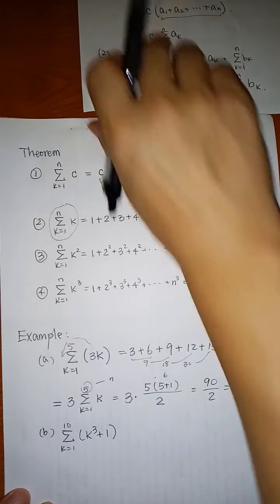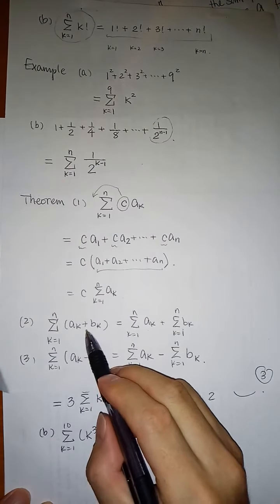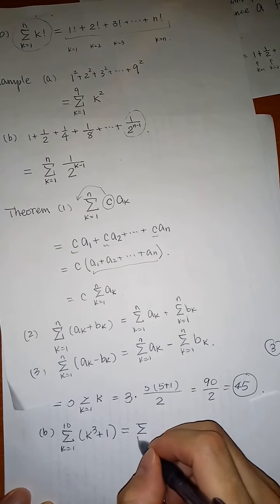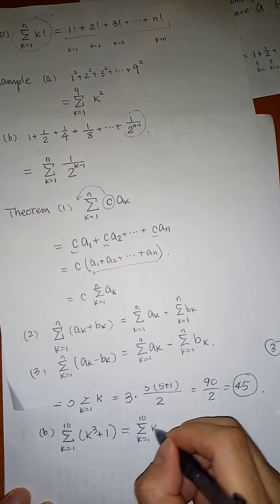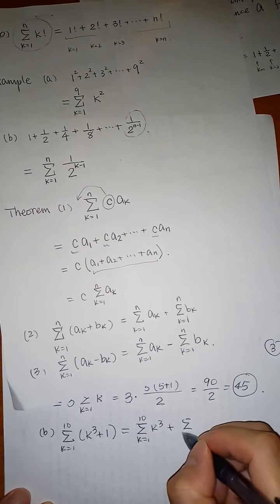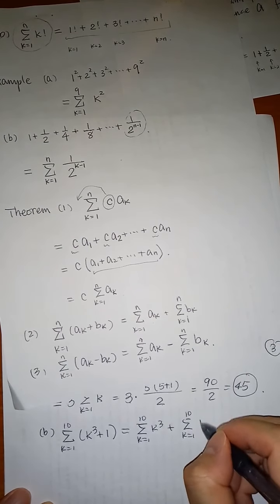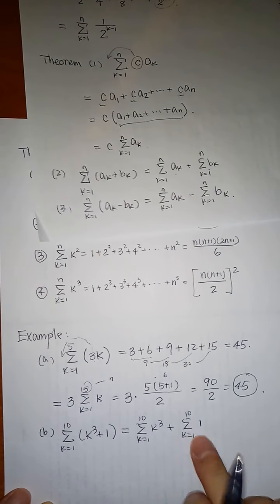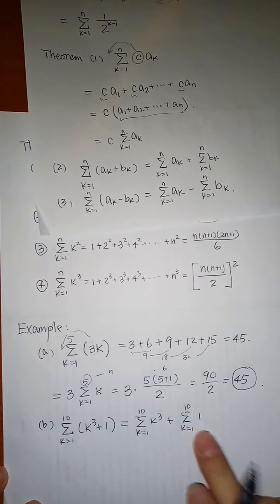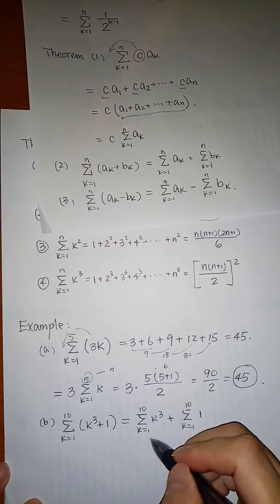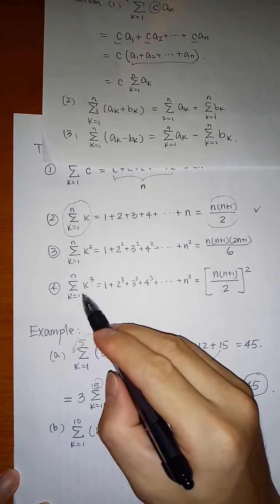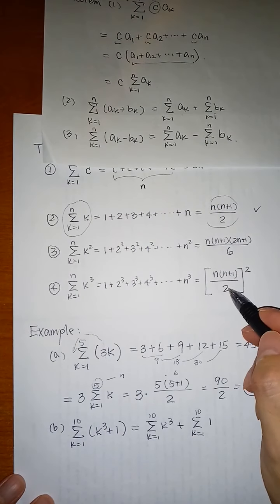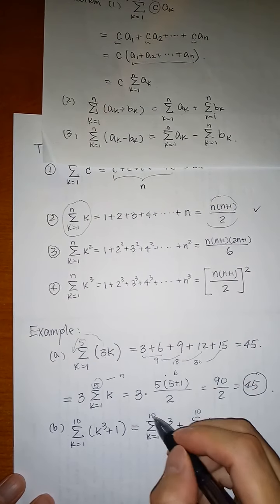Before that, we apply the sum rule. You see here you have sigma of a sum. Sigma of a sum means you put sigma for each summand. You put sigma for the first term and sigma for the second term. The first one, k cubed, k from 1 to n, is n times n plus 1 over 2, quantity squared. Here this is n.